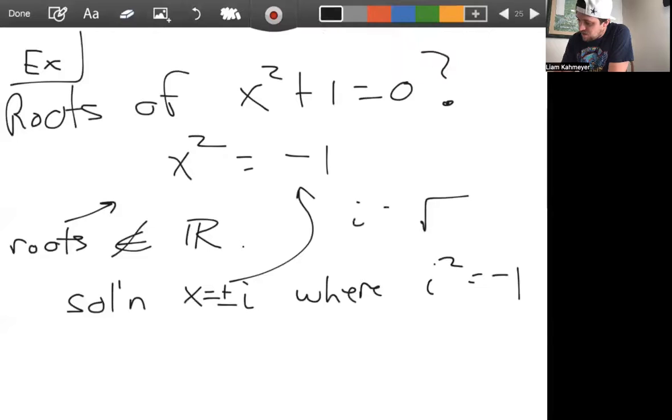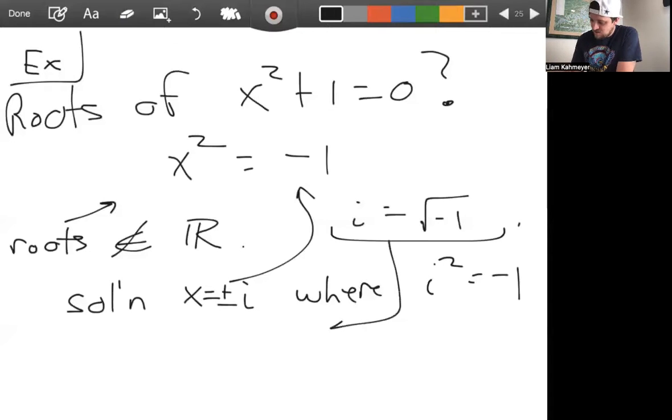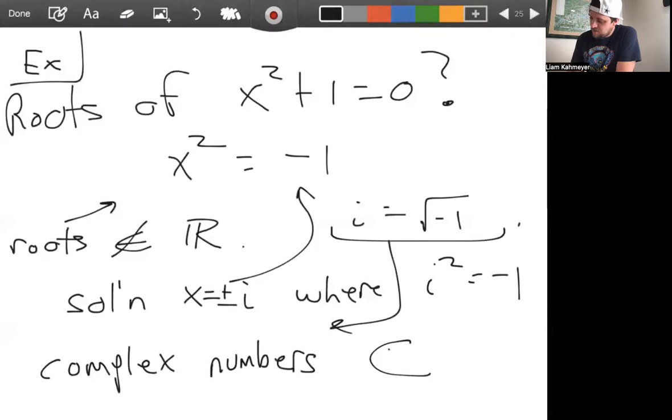Let's say i equals root -1. This is our unit imaginary number here, i, which is root -1. And what we need is that this belongs to the complex numbers, right? This isn't in the reals, this belongs to the complex numbers. And we denote the complex numbers with the blackboard C here.